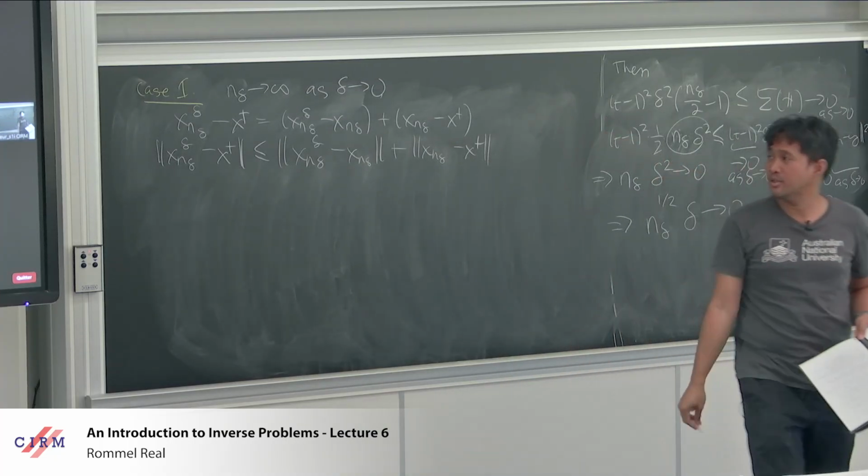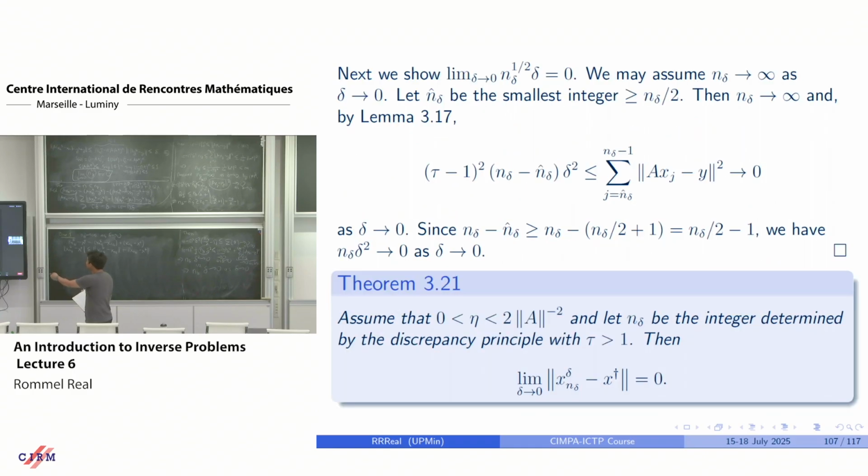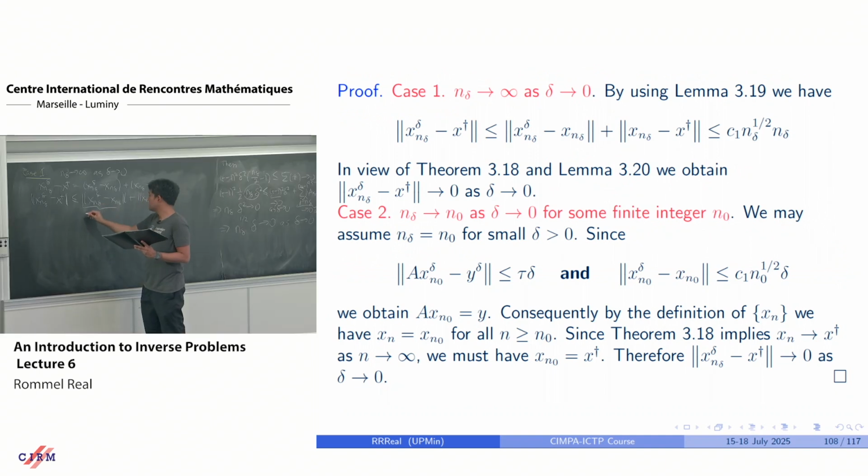Okay, and then from lemma 3.19, we can bound the first term here. Yes, it's 3.19. The first term here can be bounded by C1 times n sub delta raised to 1/2 times delta.